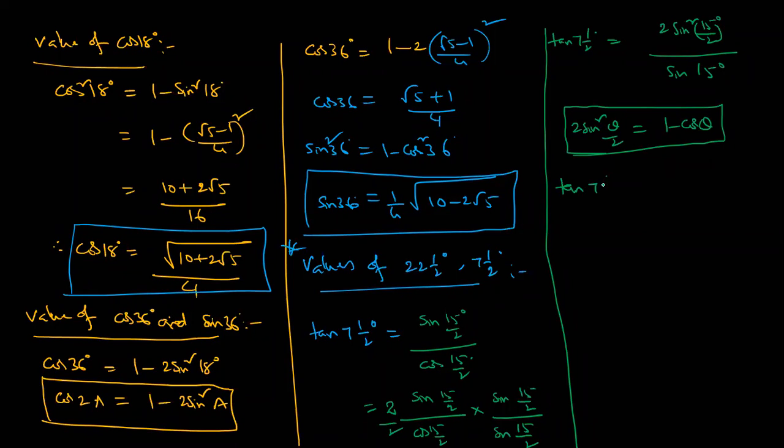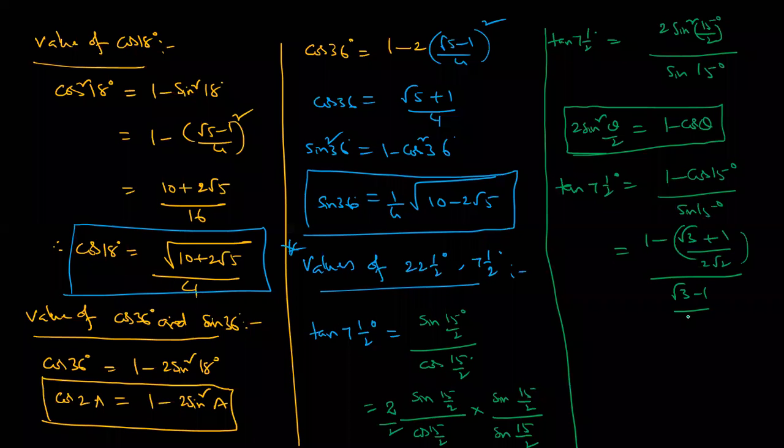Therefore, 1 minus cos 15 degrees by sine 15 degrees. So please tell me, anyone, what is the value of cos 15? Sine 15 is?